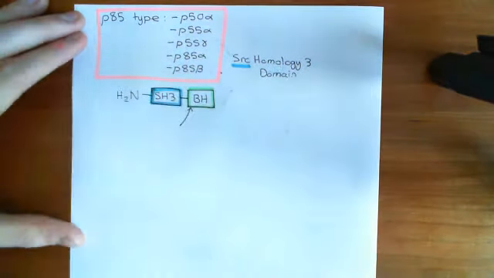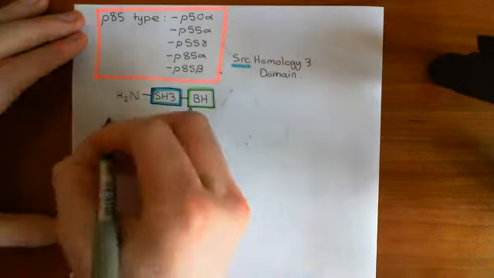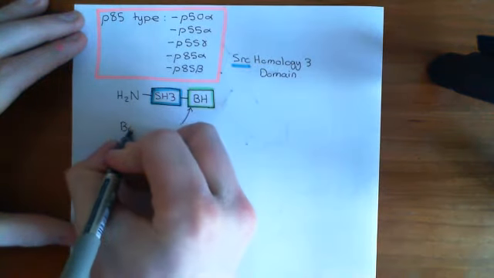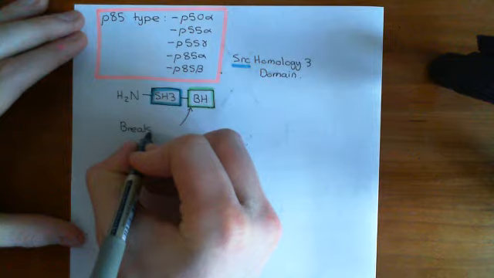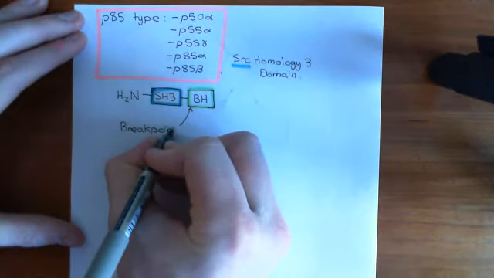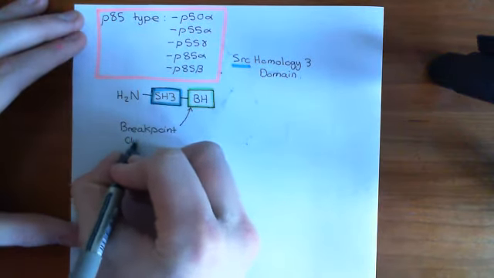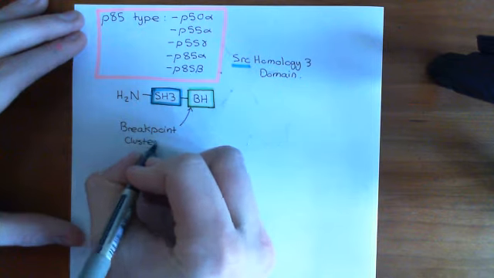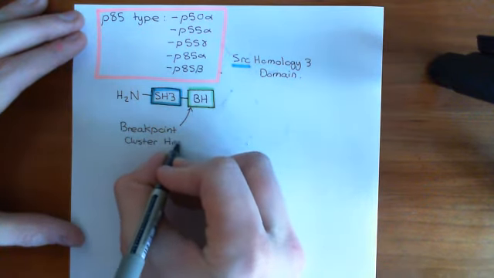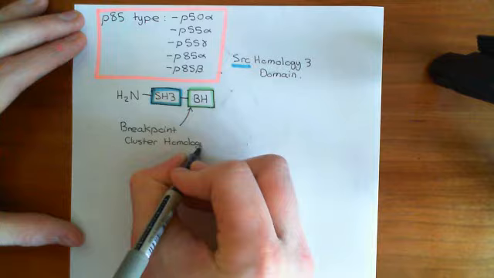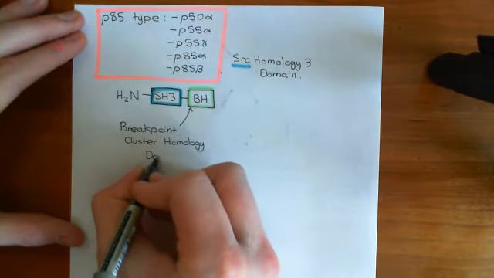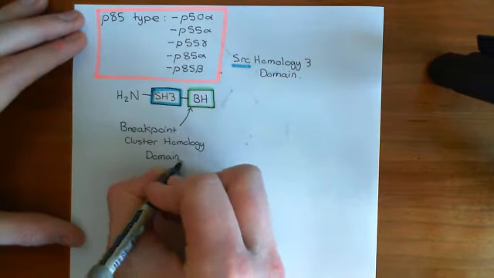So what does a BH domain stand for? Well, this stands for a breakpoint cluster homology domain. The B is for breakpoint, and then there's also a cluster there that doesn't get a letter, and then the H is for homology. So this is a BH domain, or a breakpoint cluster homology domain.